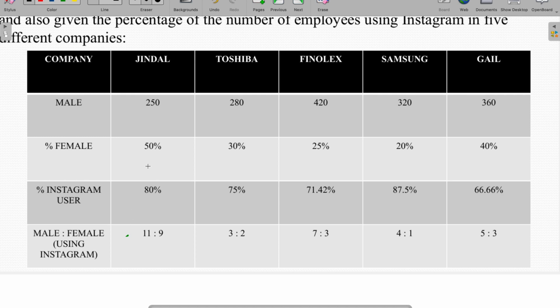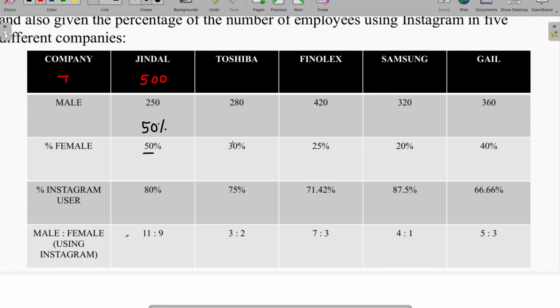Let's see how to solve. Percentage of females is 50 percent, so males will be 50 percent, because the total is always 100 percent. Then I can find the total here. 50 percent is equal to 250, so 100 percent is equal to 500.